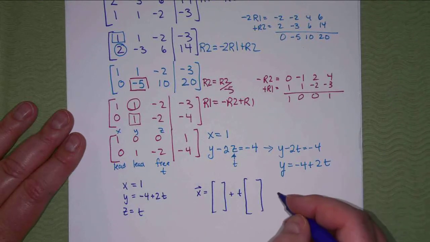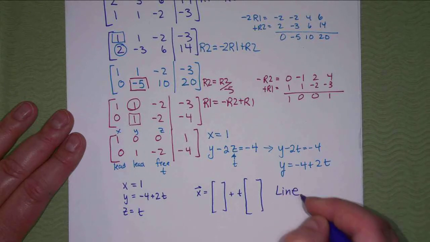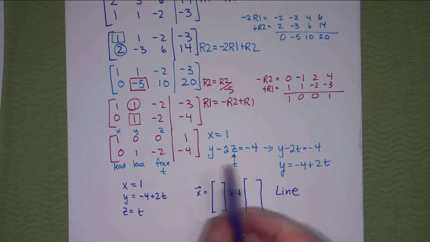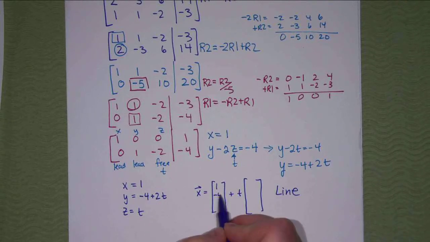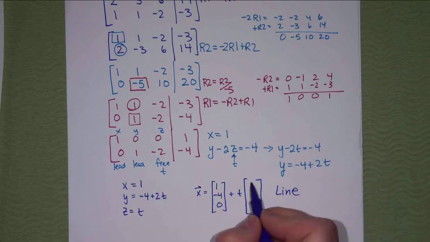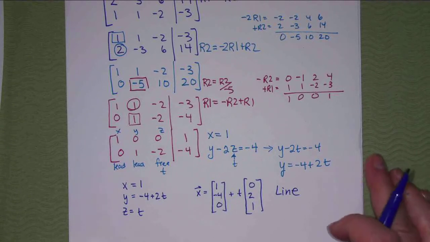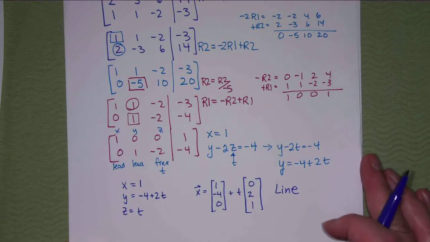Is this a line, a point, or a plane? A line. One direction vector. Okay, so what's the point? 1, -4, 0. And the direction vector is 0, 2, 1. Okay.